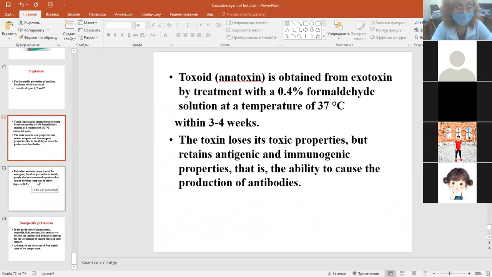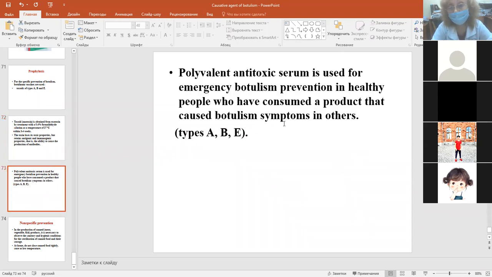Healthy people are vaccinated in any case, as usual. Vaccination is used for prophylaxis in healthy people. But sometimes, if some people ate the same product, and some of them developed symptoms of botulism, it is late to use toxoids for specific prevention.